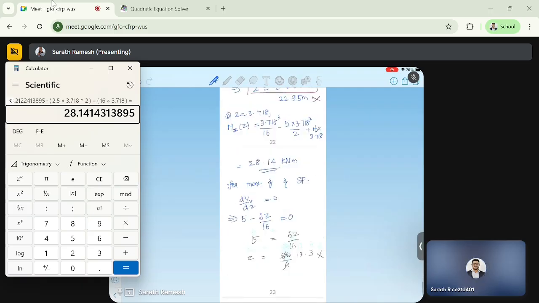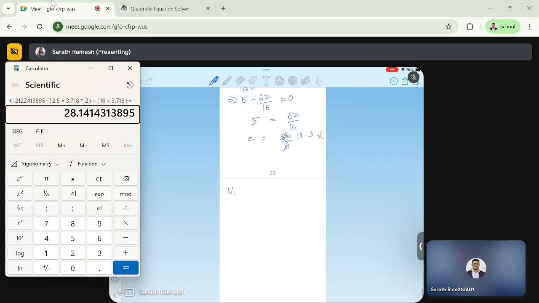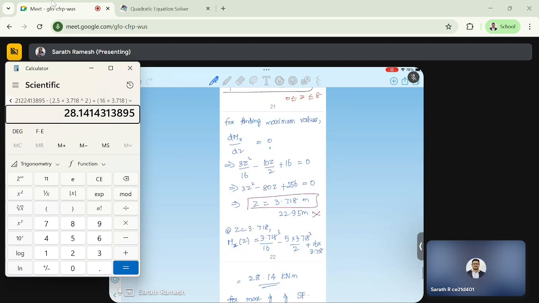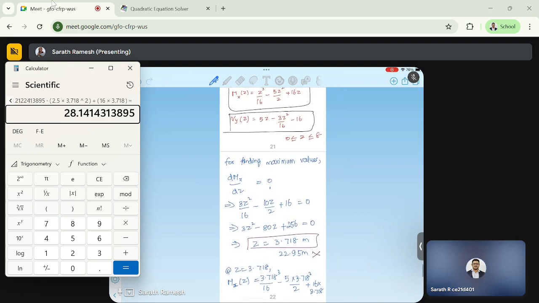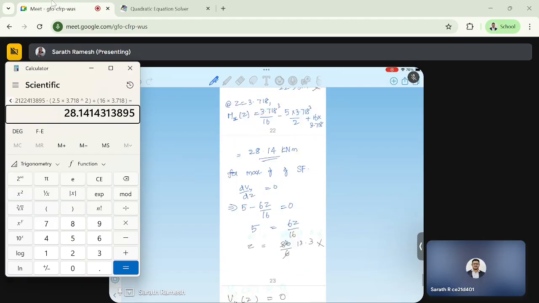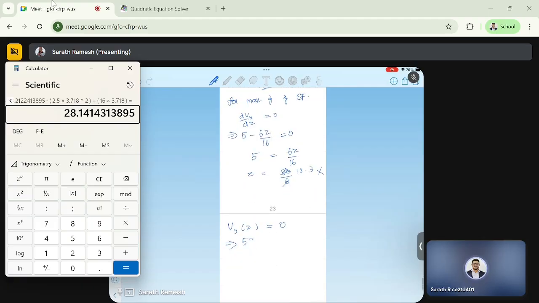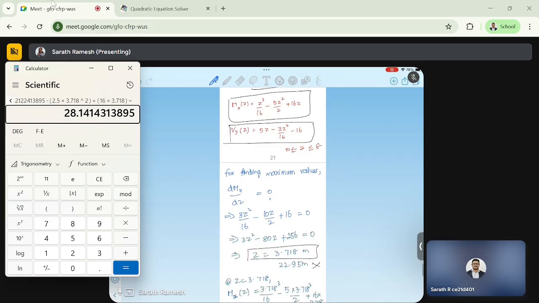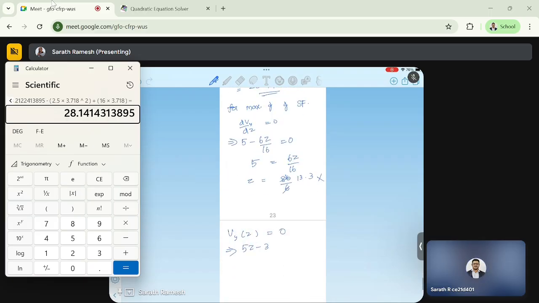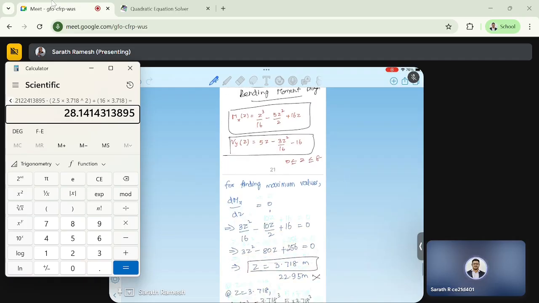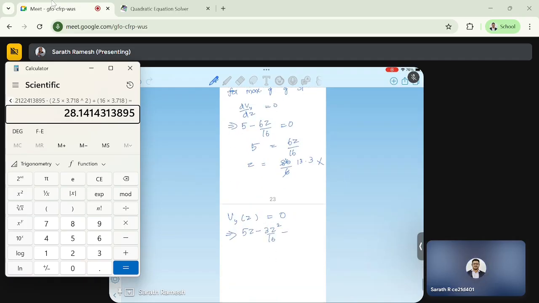So if I substitute Vy of z equal to 0, this implies 5z minus 3z square by 16 minus 16 equal to 0.